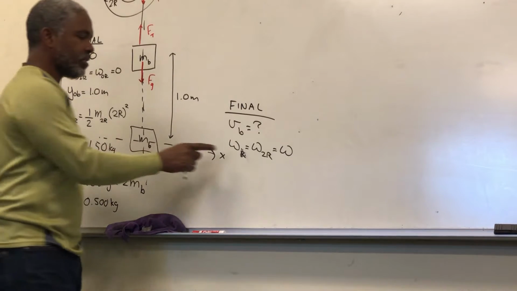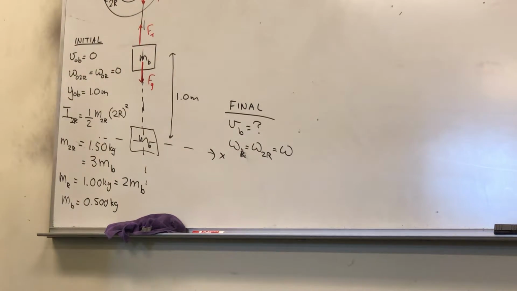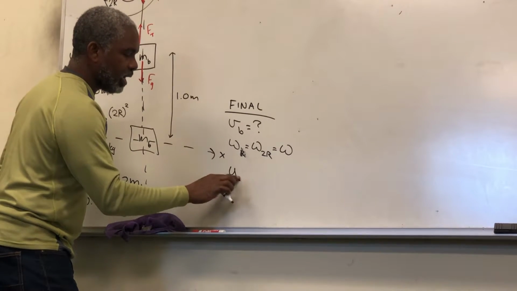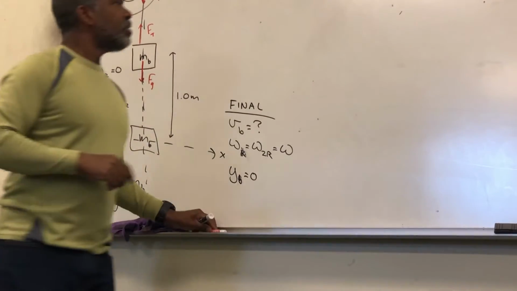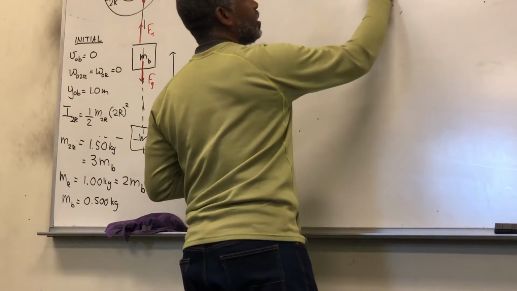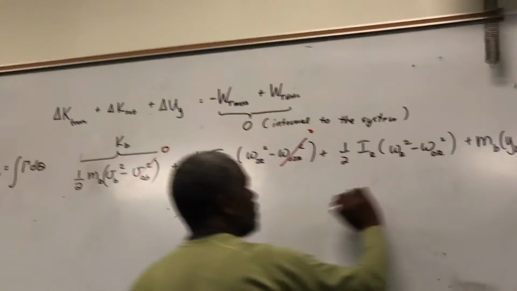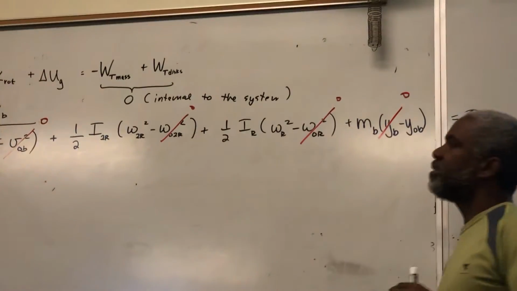So I'm saying the angular speed of the inner disk is equal to the angular speed of the outer disk. Final height of the block is equal to 0. So let's go ahead and cancel some things out. Initial speed is 0, initial angular speed is 0, final height is 0.